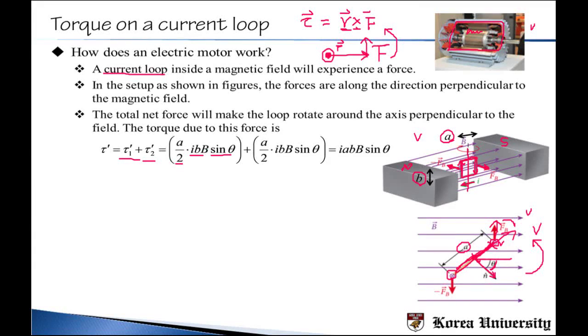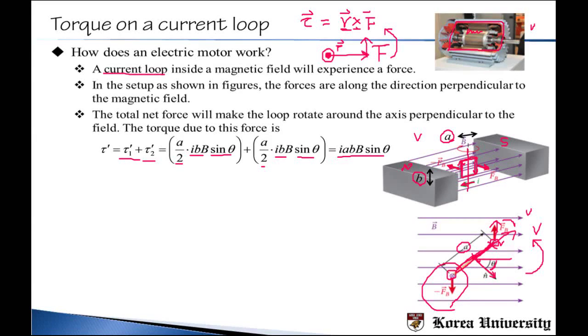And how about the other side? On this side, we already said that the size of this force is the same, the size of this distance is the same, and the angle is the same, right? So they are adding up, and eventually you have this: I multiplied by A B multiplied by the magnetic field, and also sine theta of the angle.